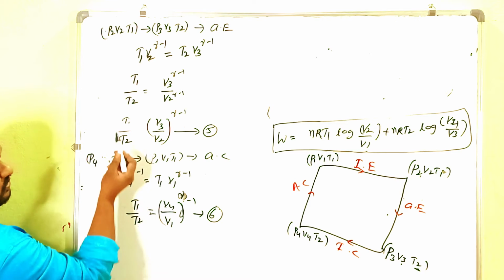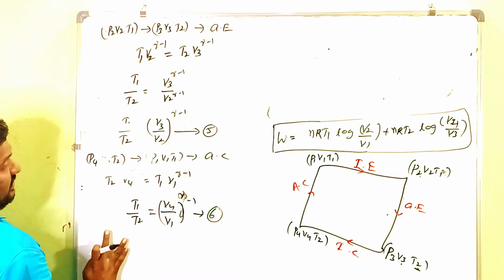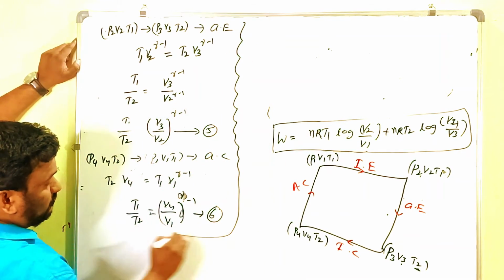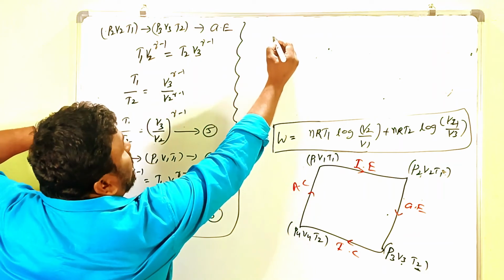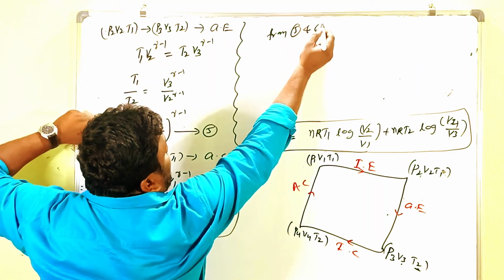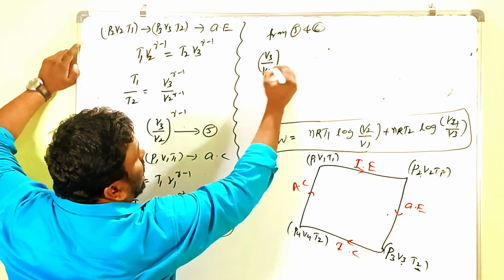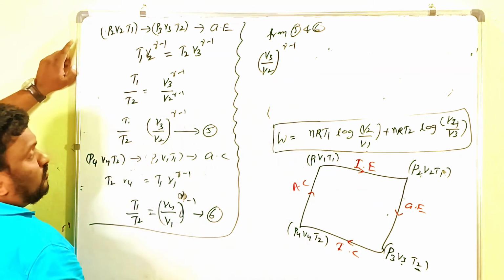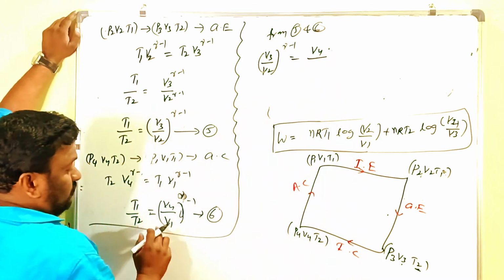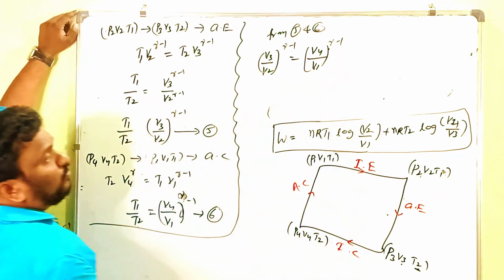So T1 by T2, you have to observe equations 5 and 6. T1 by T2, LHS are equal. From equations 5 and 6, we can write V3 by V2 whole to the power of gamma minus 1 is equal to V4 by V1 whole to the power of gamma minus 1.